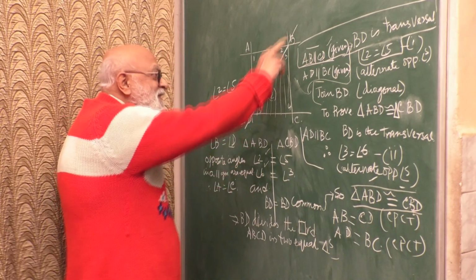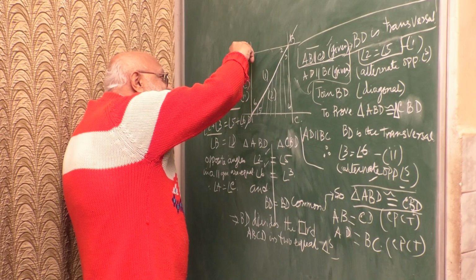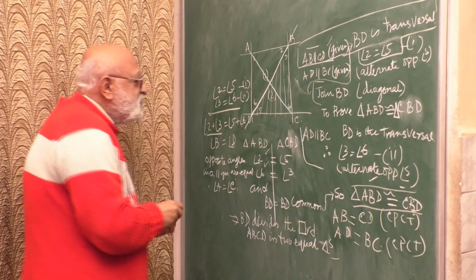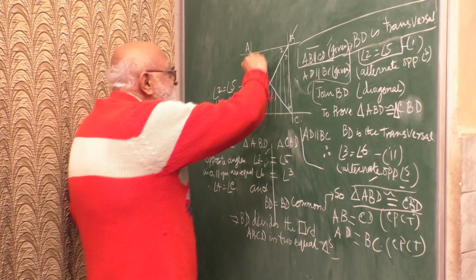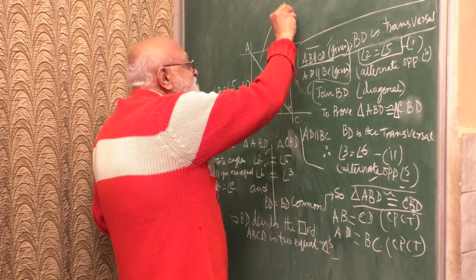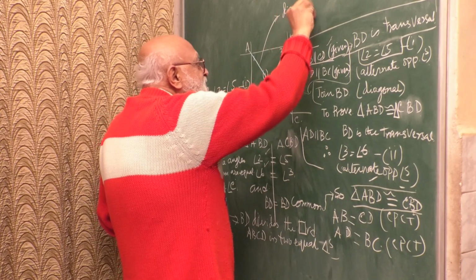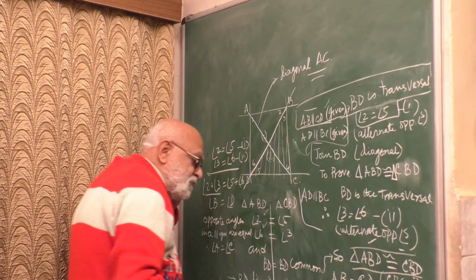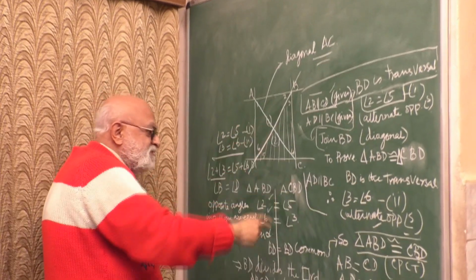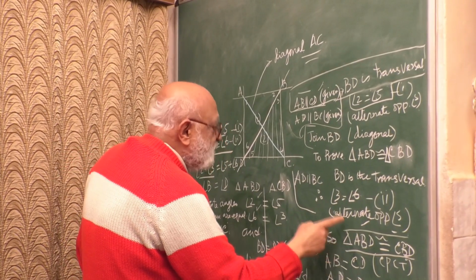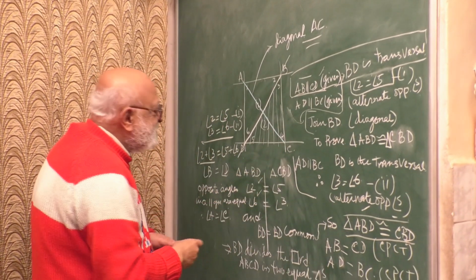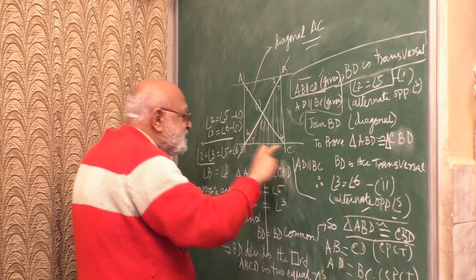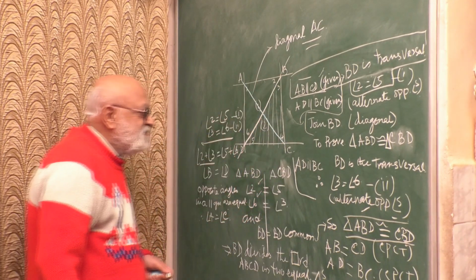It is not only BD, you can also join this other diagonal, AC. This also divides it. You can also use this in order to prove all these points. So as BD divides it into two equal parts, similarly AC divides it into two equal parts.